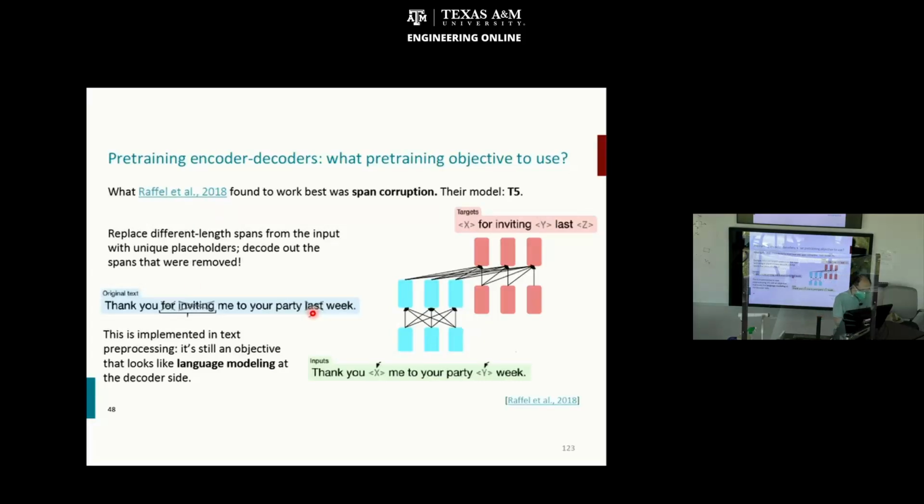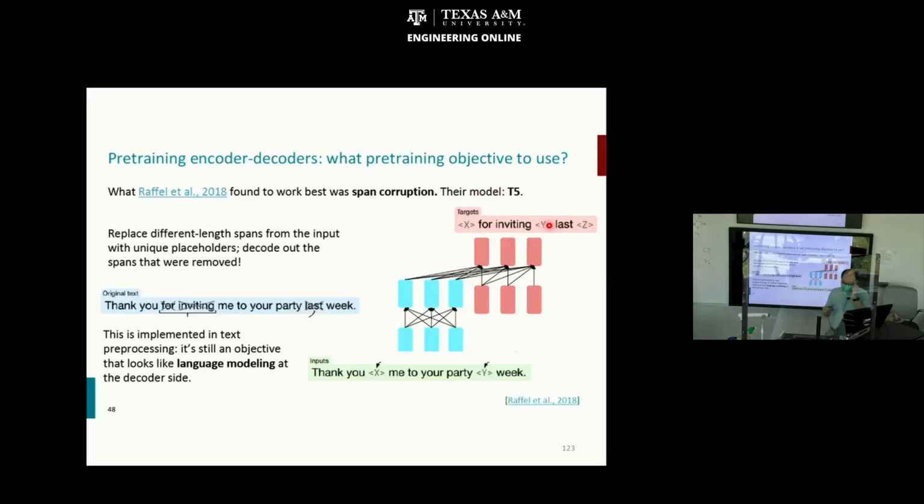We don't know the length of these things that are going to be placed under almost like a mask. The input is going to give this sentence, and some things are masked out. We don't know the length. And the output of the decoder is going to have to guess what's out there.